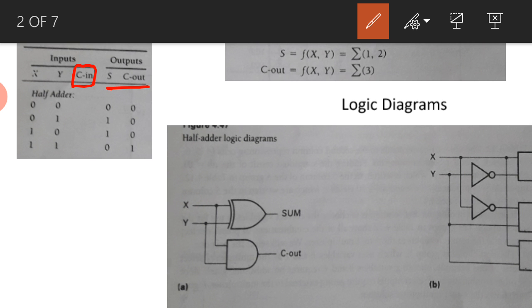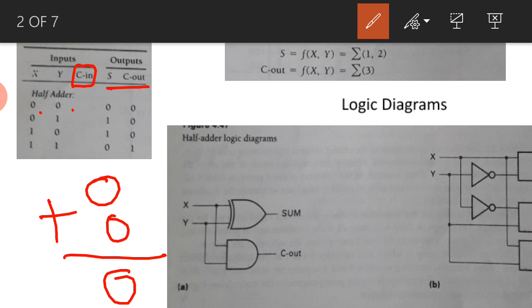As I told, instead of A and B they have taken x and y. Now 0 plus 0 is 0, 0 plus 1 sum is 1, similarly 1 plus 0 sum is 1. We are talking about only the sum here.